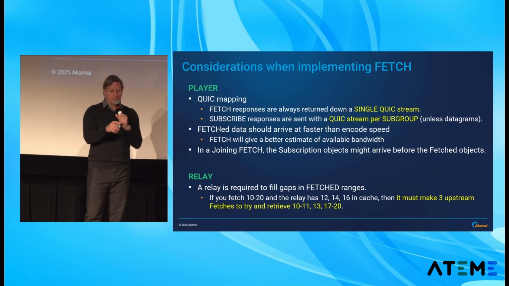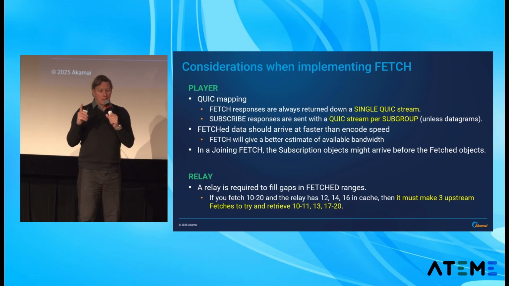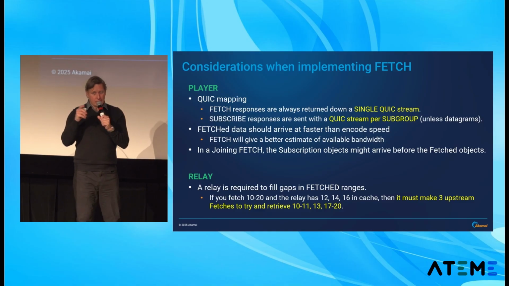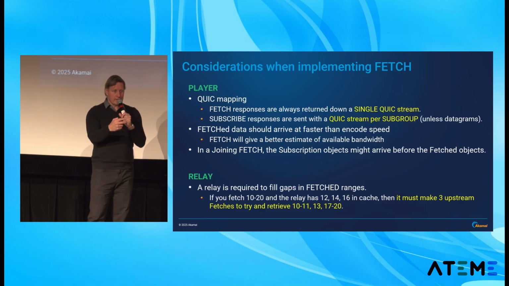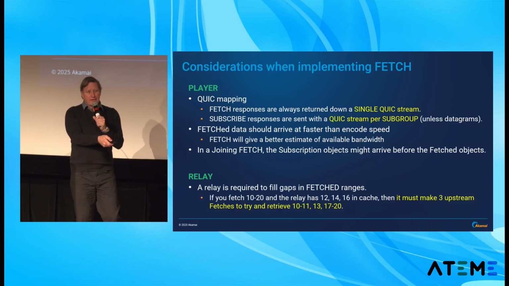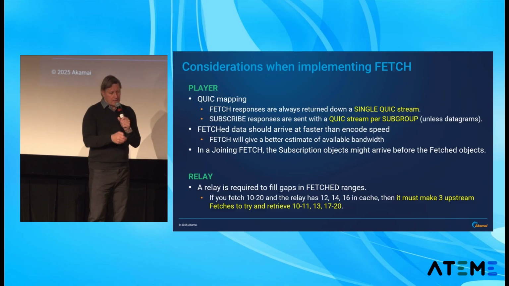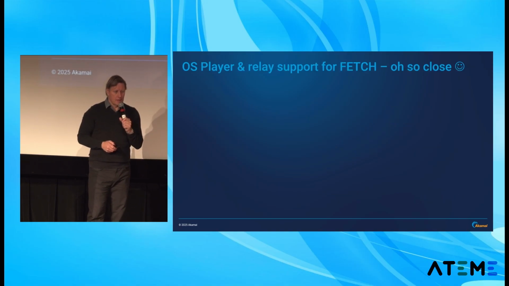If you have 12, 14, 16 in your cache, and you ask for 10 to 20, that relay has to make 3 upstream requests to see if objects exist in those gaps. And they may never have existed, because you're only producing even-numbered objects. So that's just a waste of processing. It's fine when it's only 3 of them, but if you have 10,000 of them, what are the consequences? So I think there has to be more thought given there.